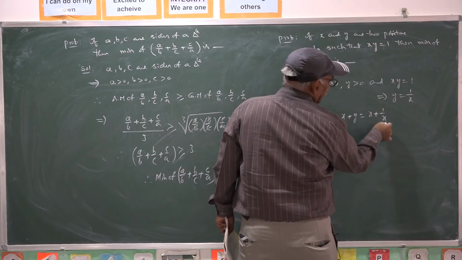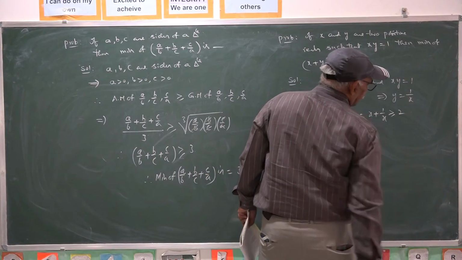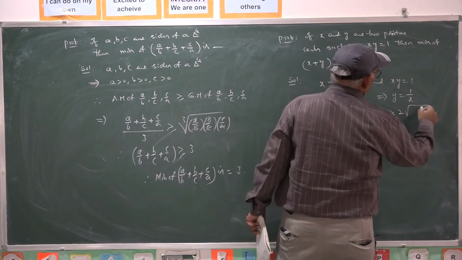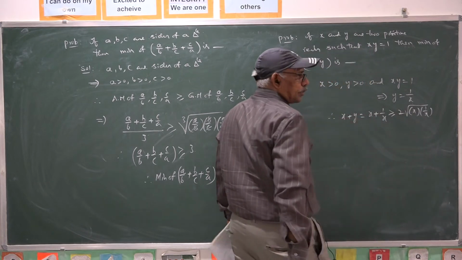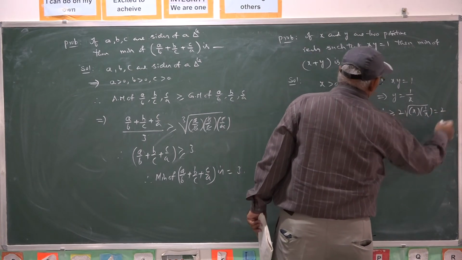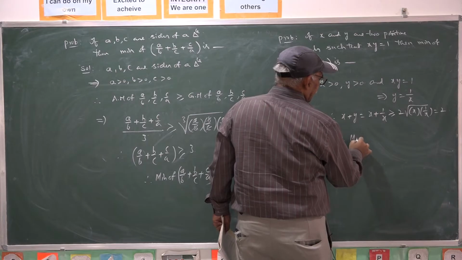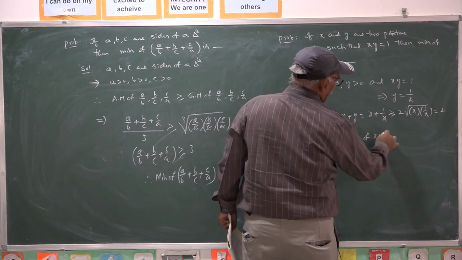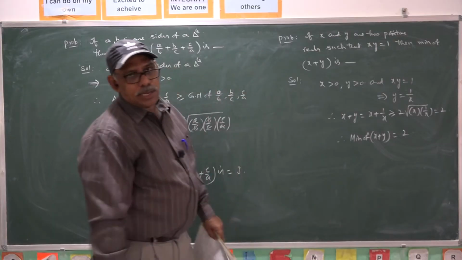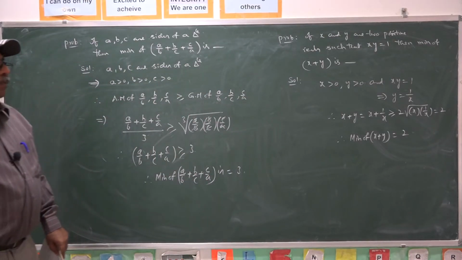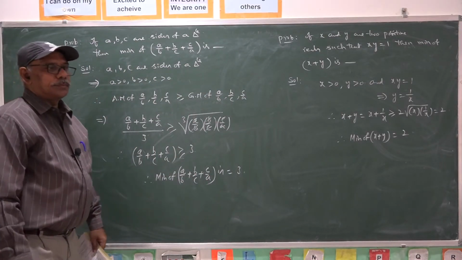This is positive and this is positive, which is greater than or equal to 2 root of x into 1 by x. Arithmetic mean is greater than or equal to geometric mean, which is equal to 2. So, the minimum of x plus y equals 2. Based on this condition, xy equal to 1, the minimum of x plus y equals 2.